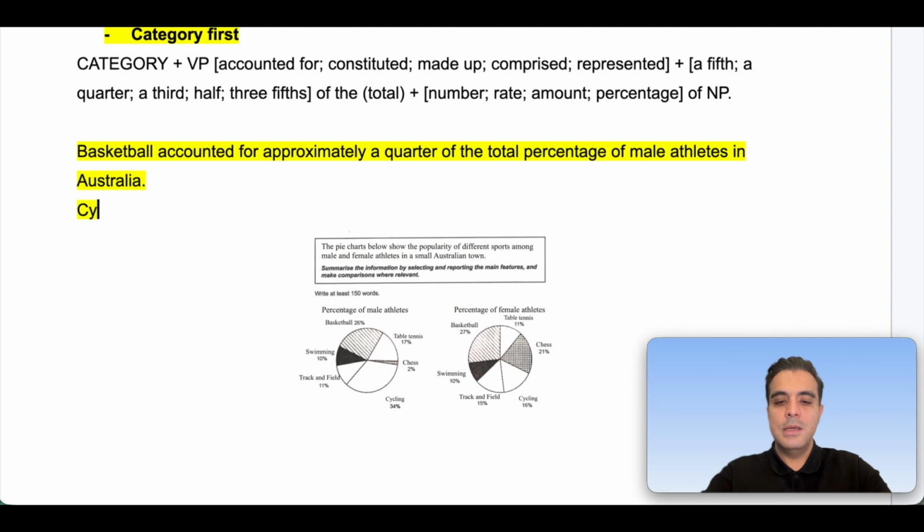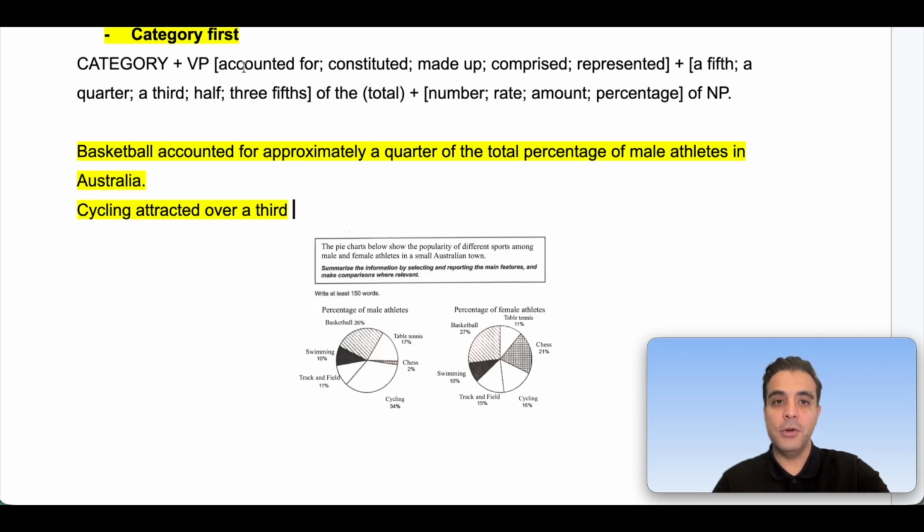So I'm going to say cycling, but for the verb, I'm going to be creative, right? I just want to show you that you don't necessarily have to use one of these verbs here. So what did cycling do? It attracted athletes, right? So I'm going to use that verb. I'm going to say cycling attracted over a third, right? So I used over to show that it is more than 33%, right?